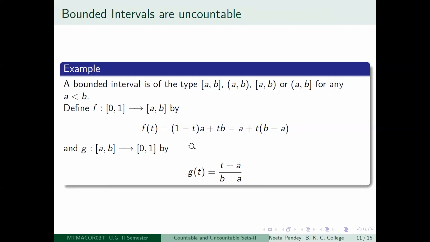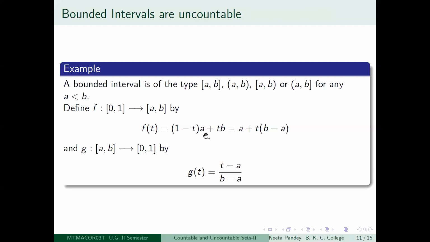So how do you show that? You just give a linear mapping from [0,1] to [a,b]. So [0,1] is a line segment, [a,b] is another line segment. You just take a linear mapping, meaning if you draw the graph of f, it should be a straight line. And what you do is, you send 0 to a and 1 to b.